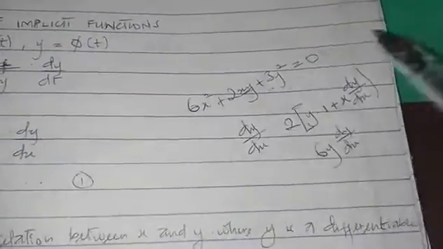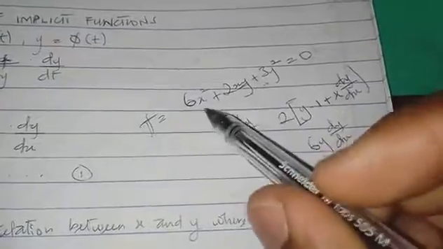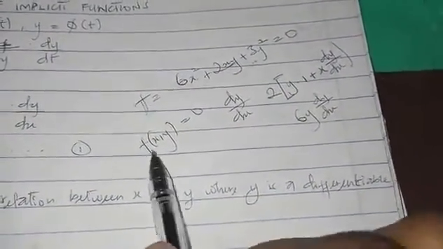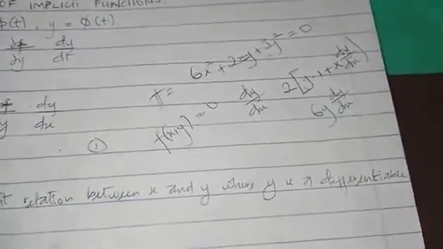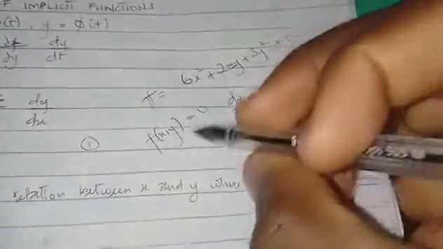We can call this f. So f is a function of x and y, and we can say f(x, y) is equal to 0. If you want to differentiate this with respect to x, where y is a differentiable function of x, we differentiate with respect to x now.